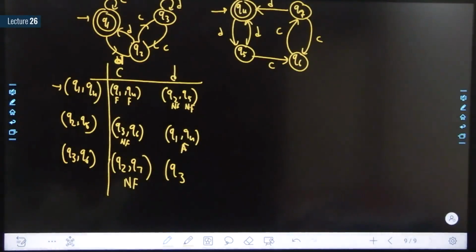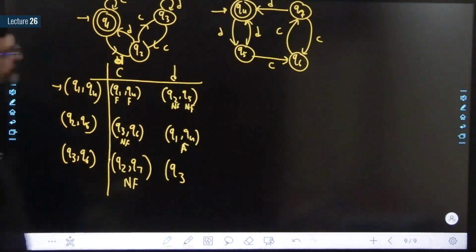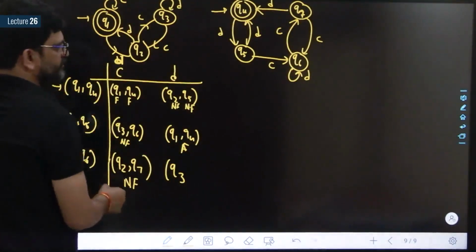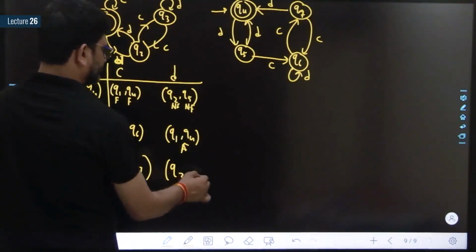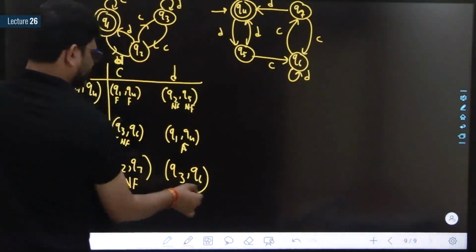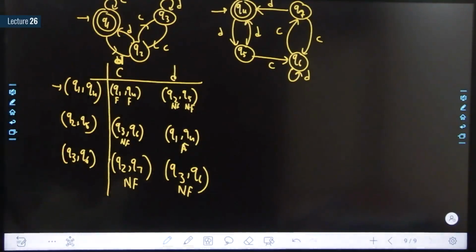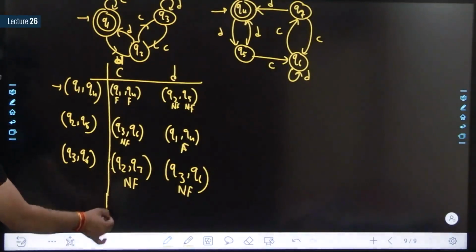Wait, I'll check. This is D. Q6 on D, Q6. All are non-final. Now, is there any new pair? Q1, Q4, Q2, Q5, Q3, Q6, Q2, Q7. This one is a new pair.